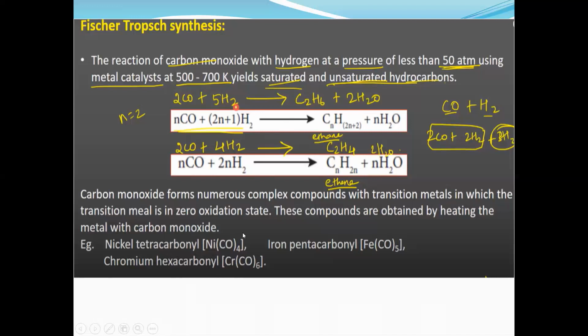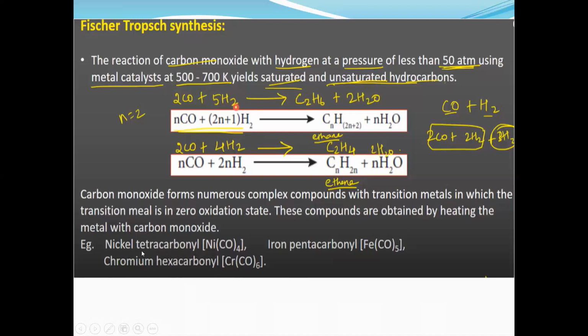Carbon monoxide forms numerous complexes with the transition metals. Transition metals means here the D block elements, in which the transition metal is in the zero oxidation state. Zero oxidation state means it is present in the elemental, pure state. These compounds are obtained by heating the transition metals with the carbon monoxide.